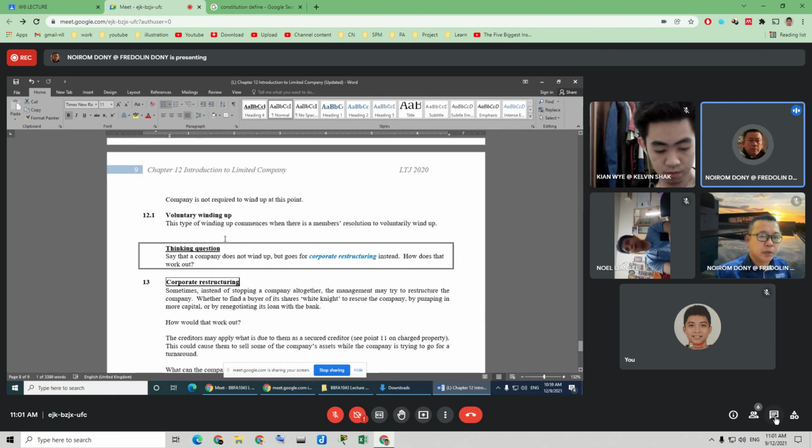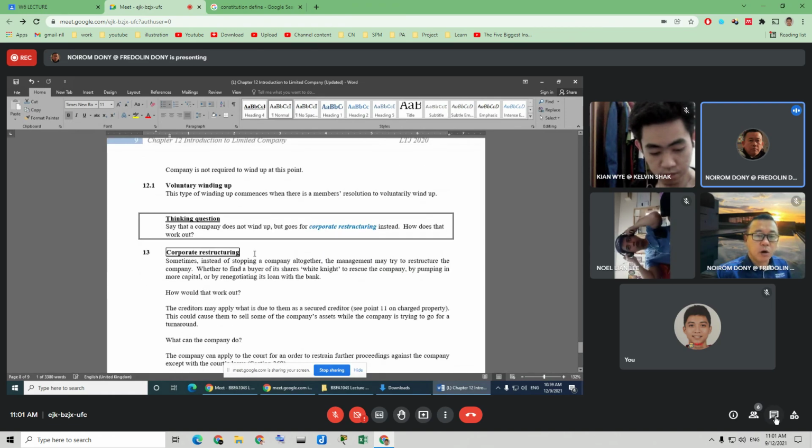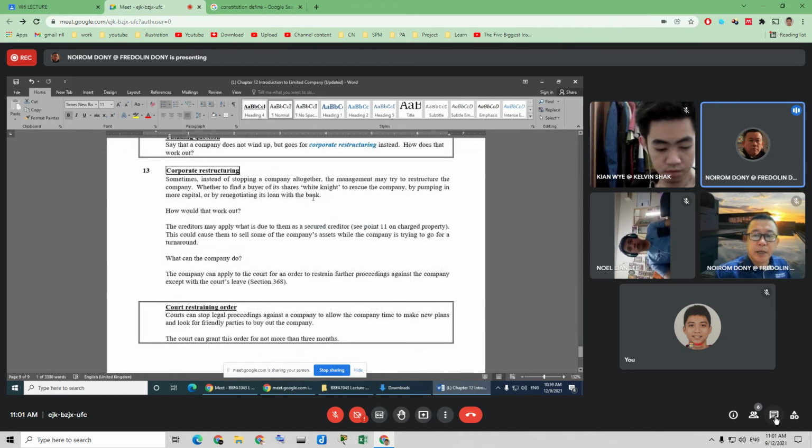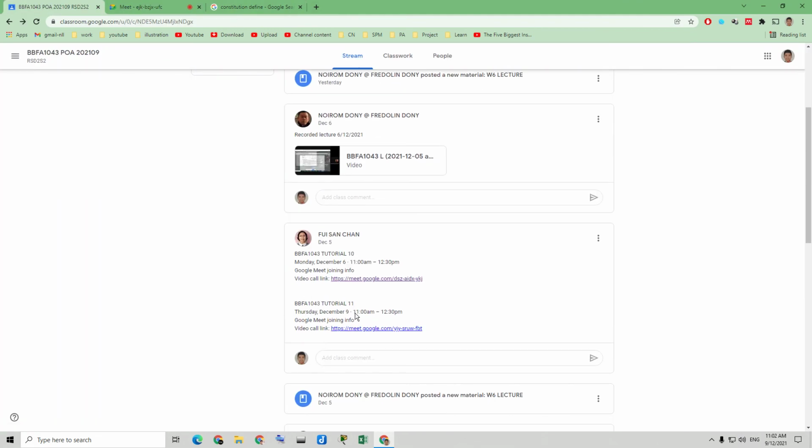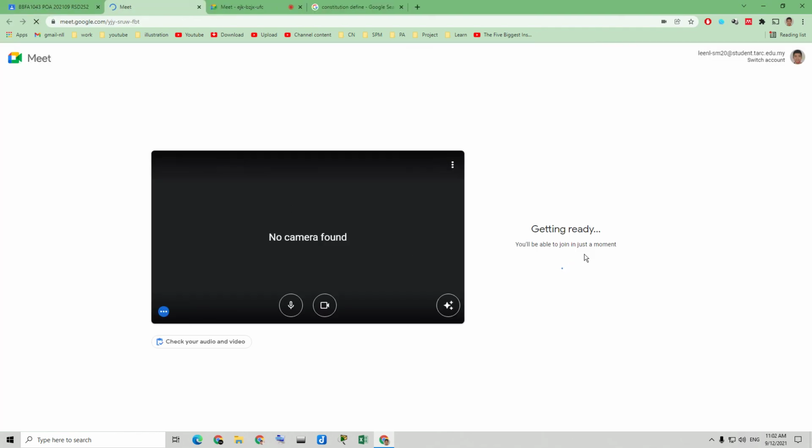Instead of closing the company, you can do corporate restructuring, meaning the management tries to restructure the company by looking for a buyer of the shares. The buyer of the shares, in the corporate world, is called a white knight.